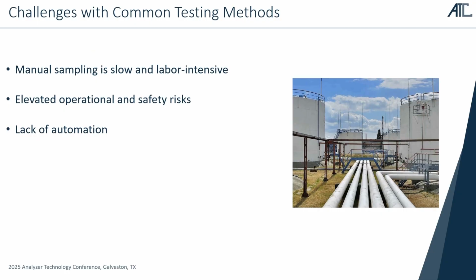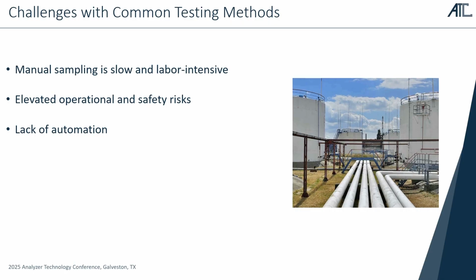Common challenges that you have probably with your common testing methods is manual sampling, if you still do analysis in the lab environment where you grab a sample, bring it to the lab, run multiple technologies on these samples. Each technology takes 20 minutes, 30 minutes, an hour, and based on those results that get transferred back to the process, you make your decisions.